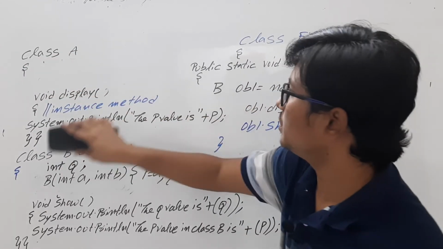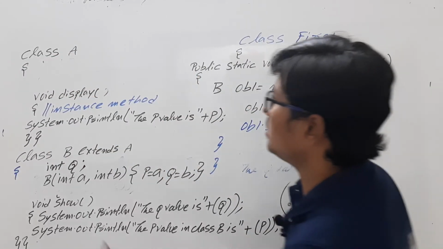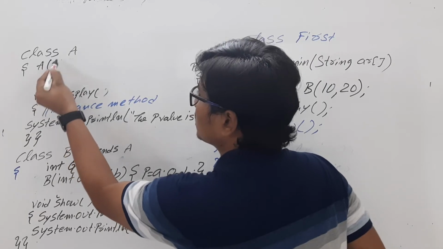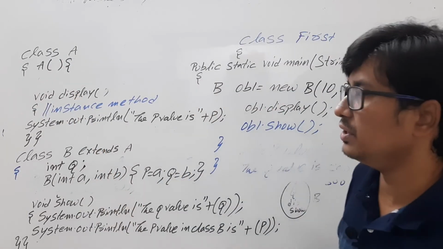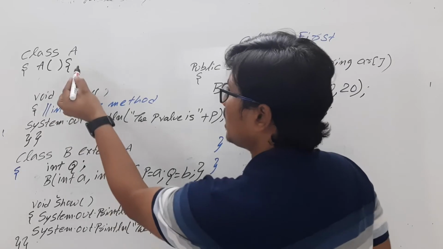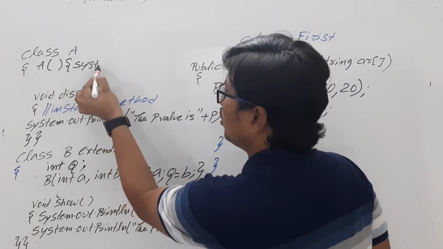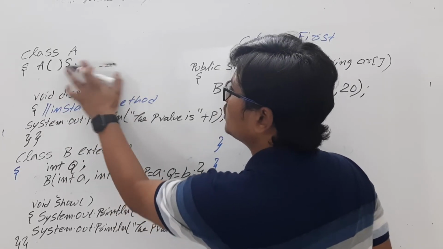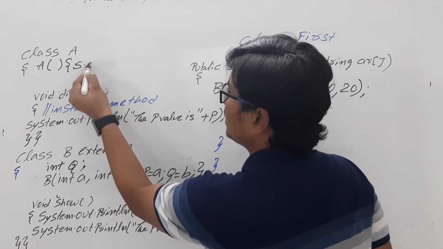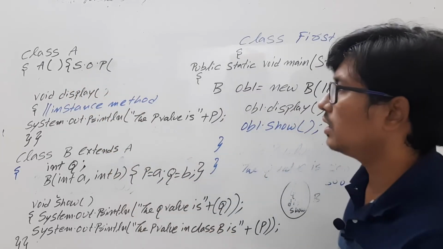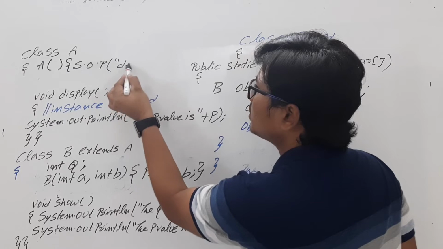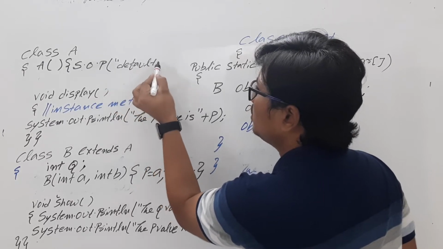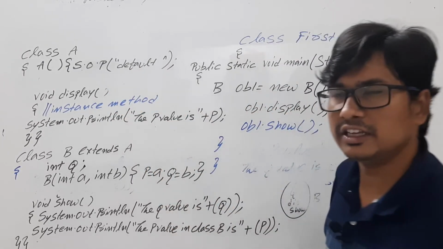So what I will do is that first I will have one default constructor. Default constructor will not have any parameters, and here I will write system.out.println. In shortcut, as there is a space issue, I will write s.o.p. Okay, default constructor. You can write full. Okay, let me write just default. Again, there is a space issue.